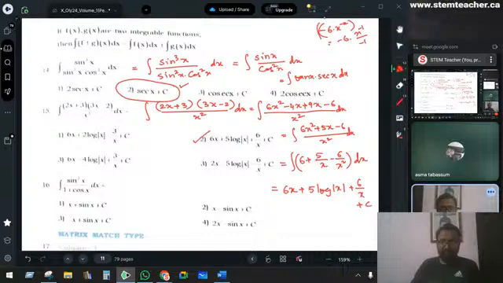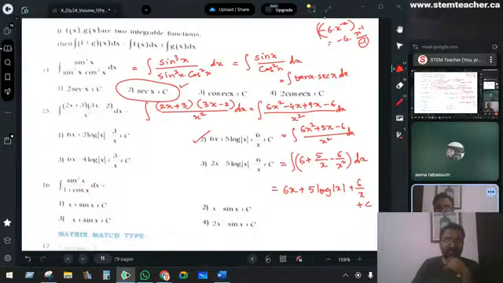So who is the answer? Option number B. It is important, see why they gave minus 6 by x as an option, because you might make a mistake by taking minus 1. Already minus is there in the problem, so it is a minus into minus, plus 6 by x.